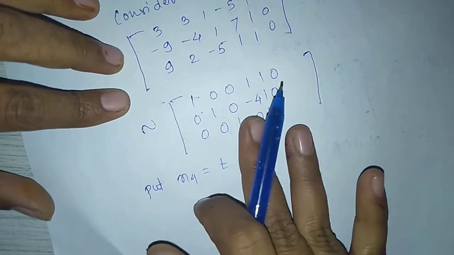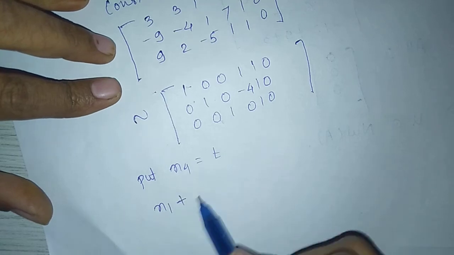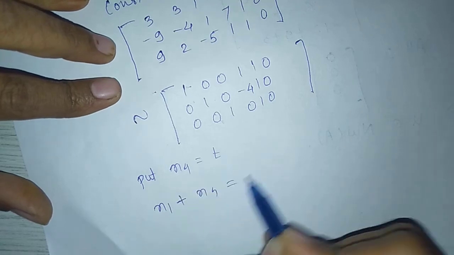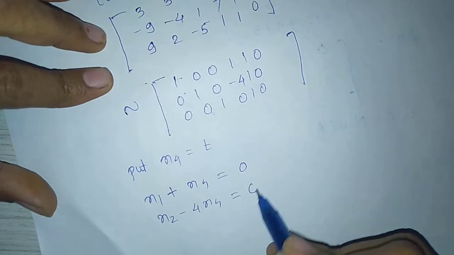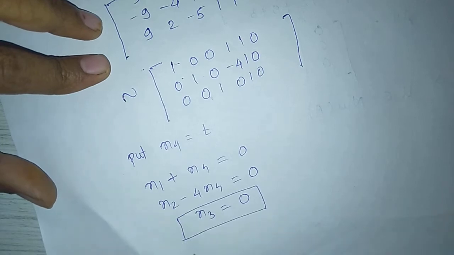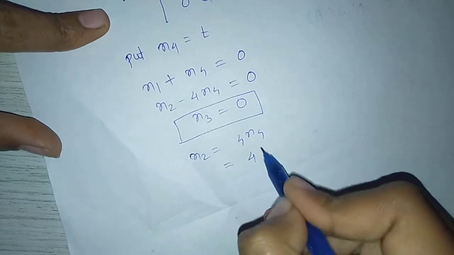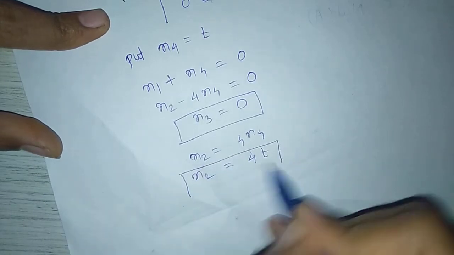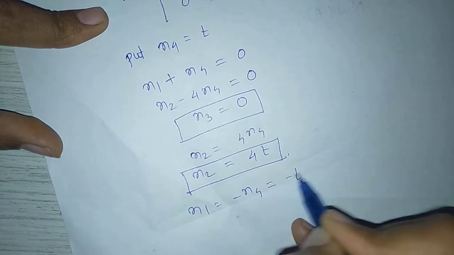Now the equations from this matrix we get x1 plus x4 equal to 0, x2 minus 4x4 equal to 0, x3 equal to 0. So x2 equal to 4x4 equal to 4t, x1 equal to -x4, means -t.